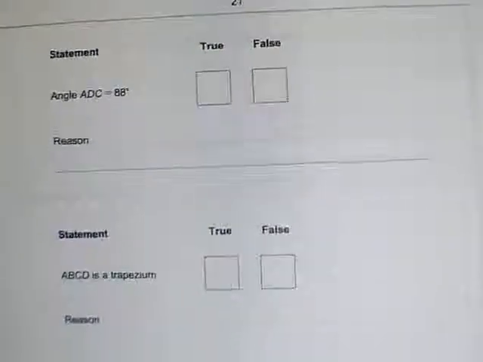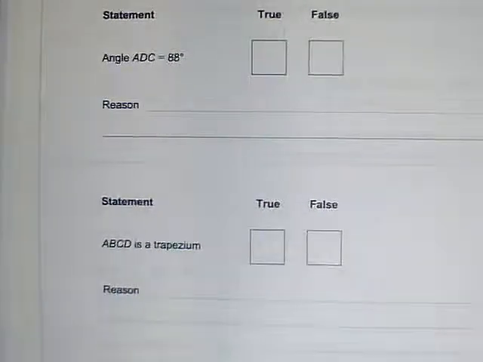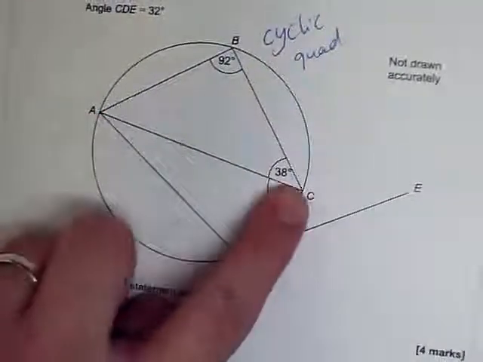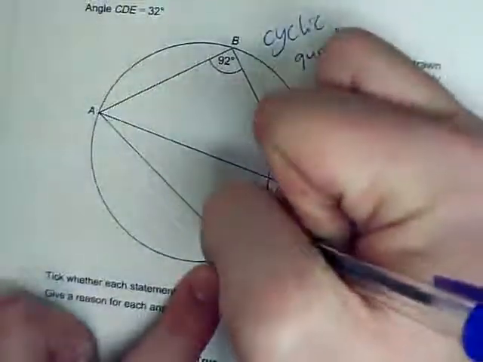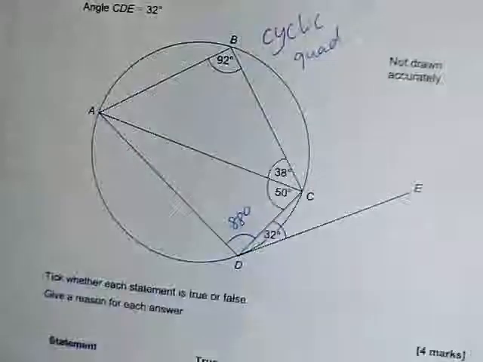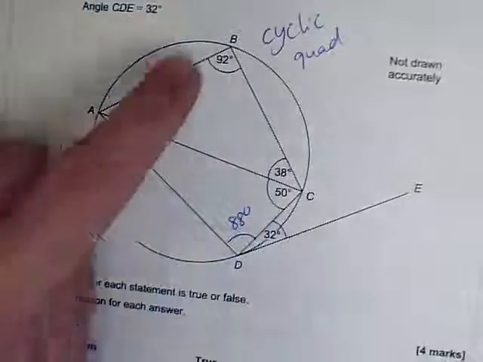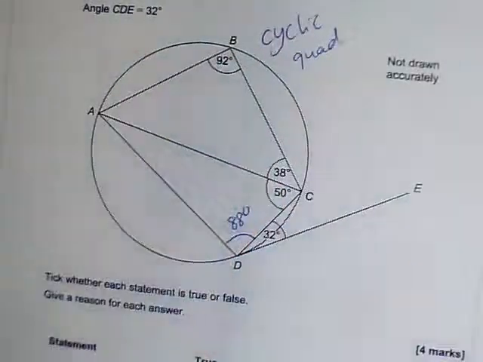The second statement, so each statement's worth 1 mark. There's 4 statements here. Angle ADC equals 88. So let's have a look at that one. ADC, they're saying that this one should equal 88. What we should know is that opposite angles in a cyclic quadrilateral add up to 180.